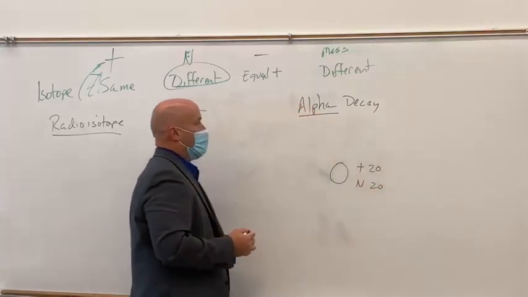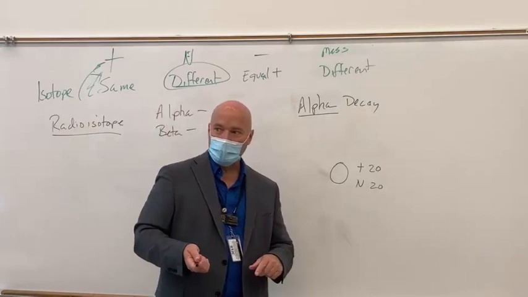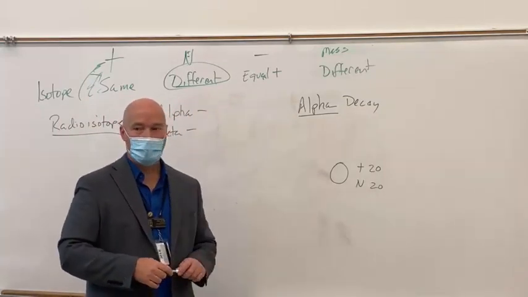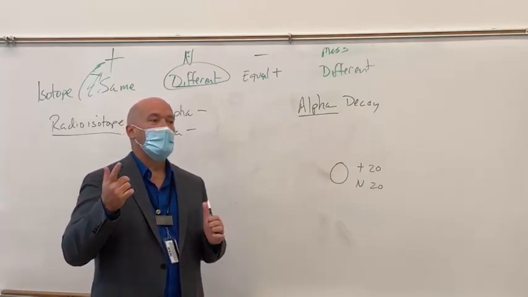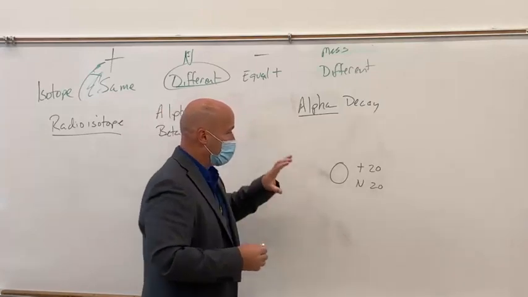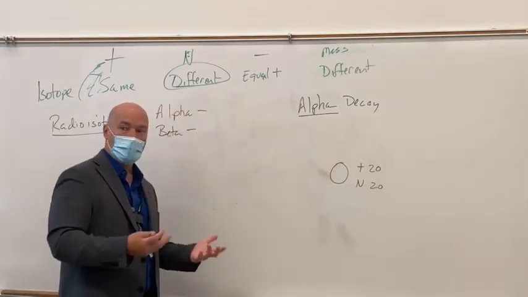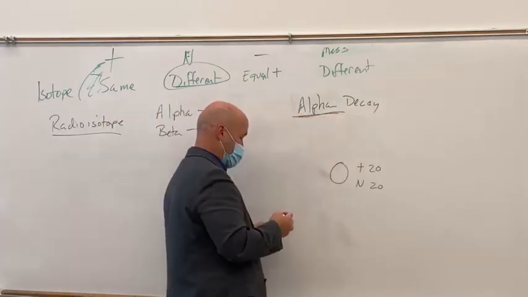So an alpha particle is actually a helium nucleus. Okay? So what is a nucleus? Protons and neutrons. Right. So let's say that this element with 20 protons, 20 neutrons is unstable and it's radioactive. So what it's going to do is emit an alpha particle.